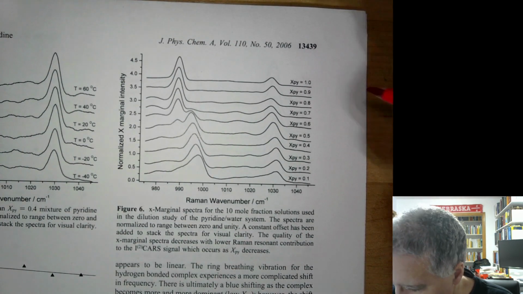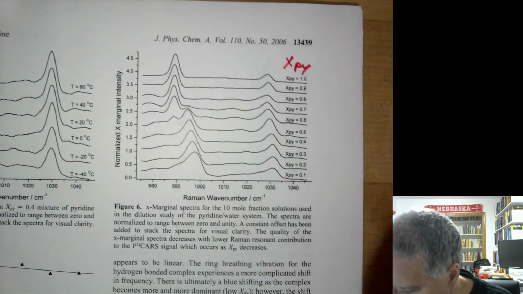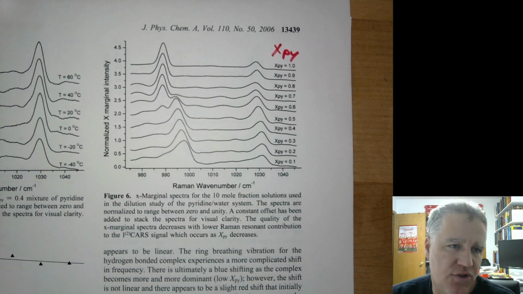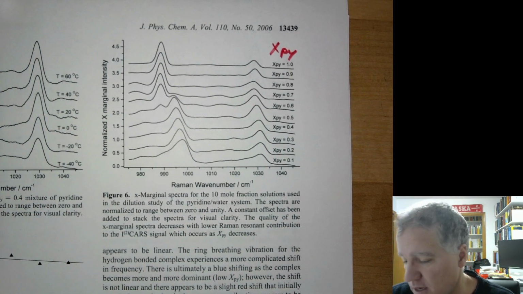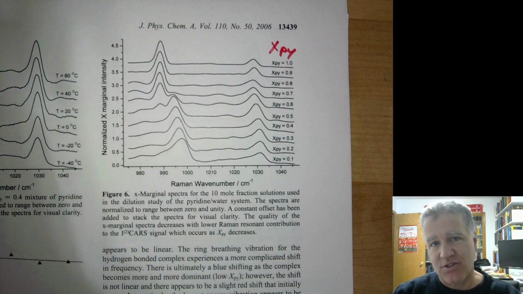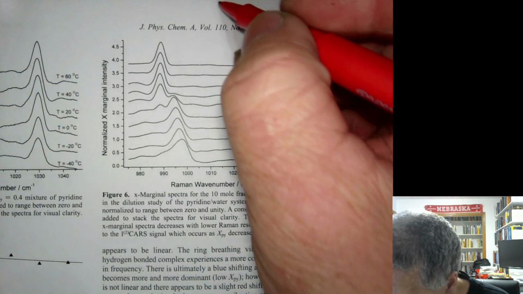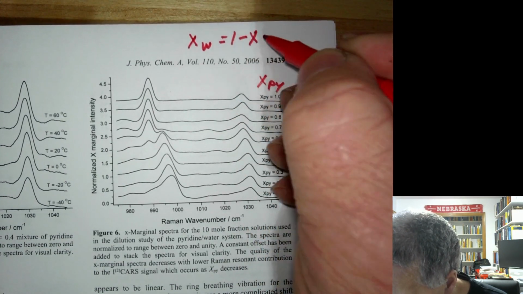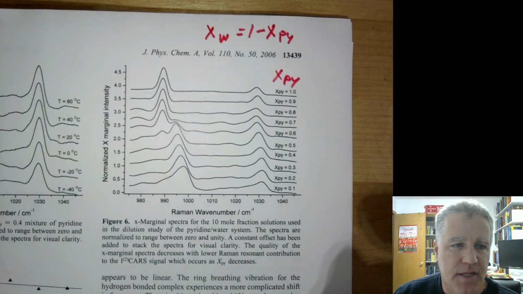And so this XPY, that means we're talking about pyridine. We could also talk about X water, and there, of course, if it's not a pyridine, it's a water. So the mole fraction of water is 1 minus the mole fraction of pyridine.